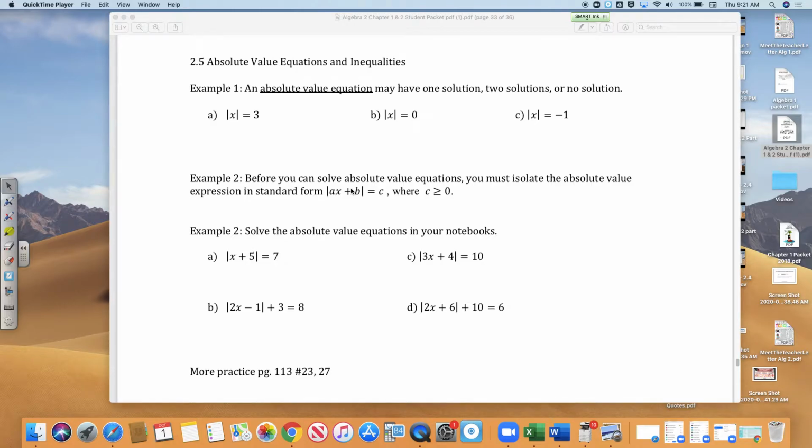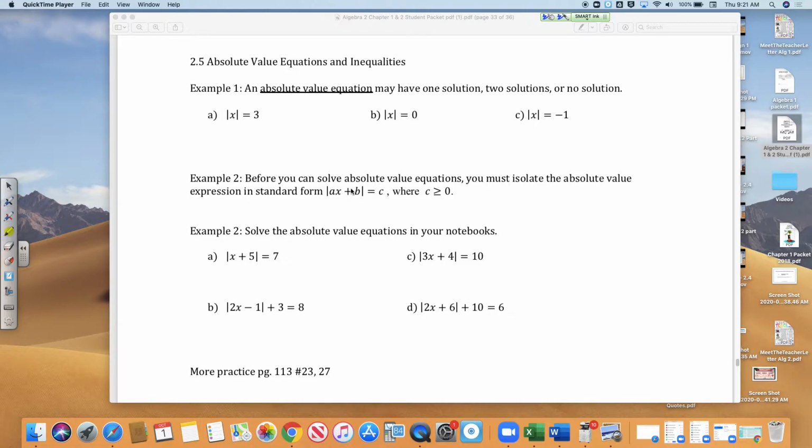A says the absolute value of x equals 3. What this is saying is what value will x be so that the answer is 3 units from 0. Basically, whenever you have the absolute value of the variable on the inside, you're going to have 2 answers. Think to yourself, what number is 3 units from 0?